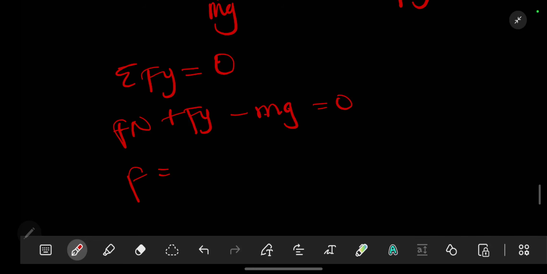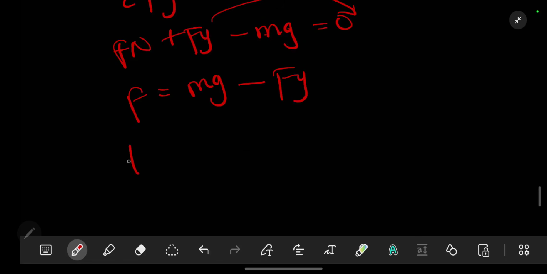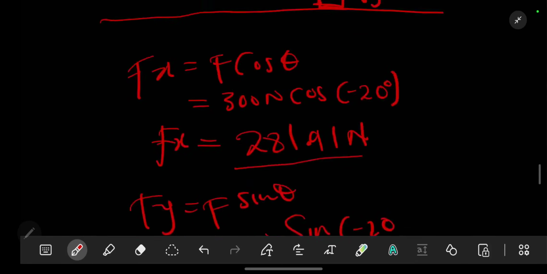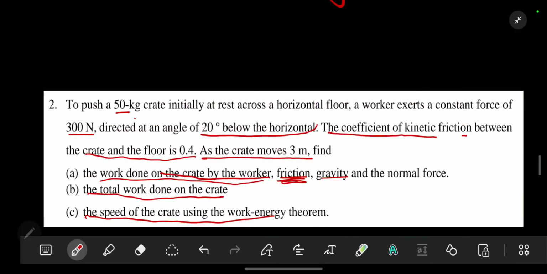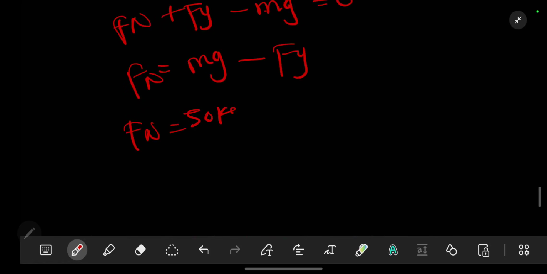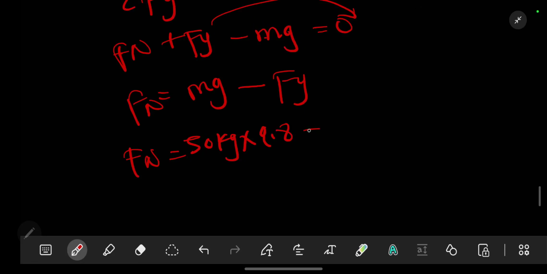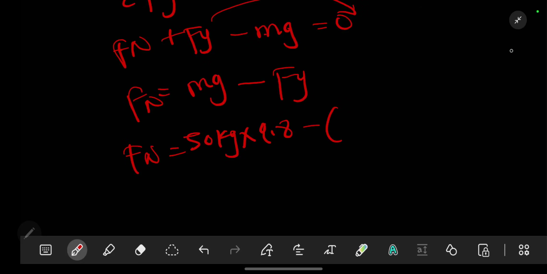So the normal force should be equal to mg. Then this goes to the other side, it will be minus Fy. Our normal force should be equal to the mass, which is 50 kg, so 50 kg times 9.8, then minus our force in the y.